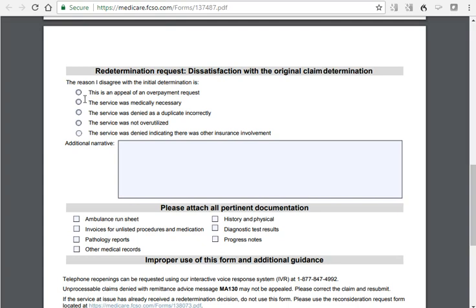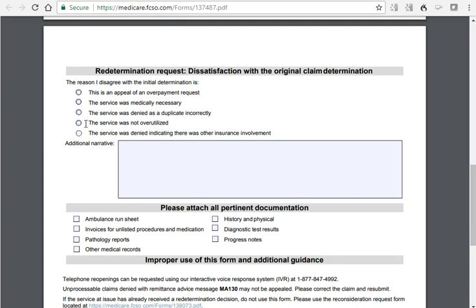So you can see here, we are either appealing an overpayment request, appealing that the service was indeed medically necessary, appeal that the service was denied as a duplicate incorrectly. That is to say that we never got paid for it in the first place. So to deny it as a duplicate was improper.